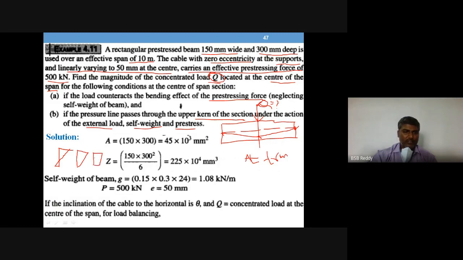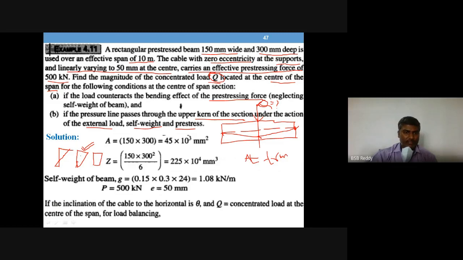So these are the three options, and the zero-stress option gives you the possibility of working out the kern of the cross section. The pre-stressing force that you apply will create this situation.